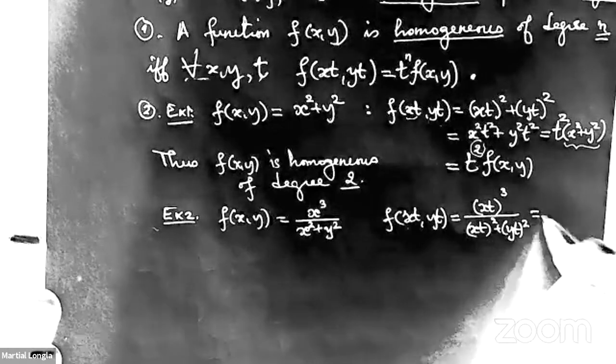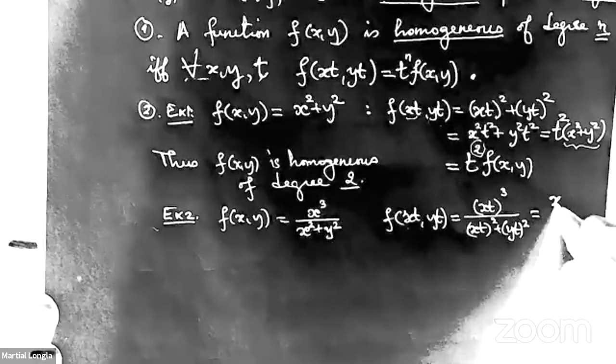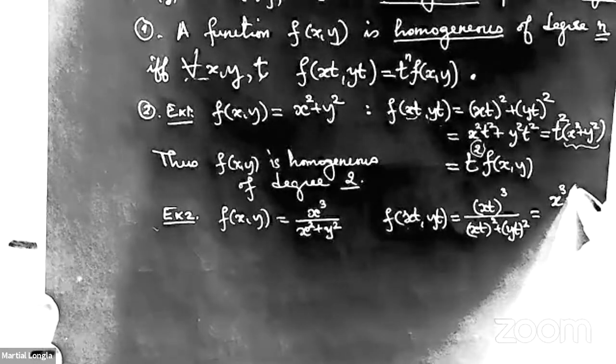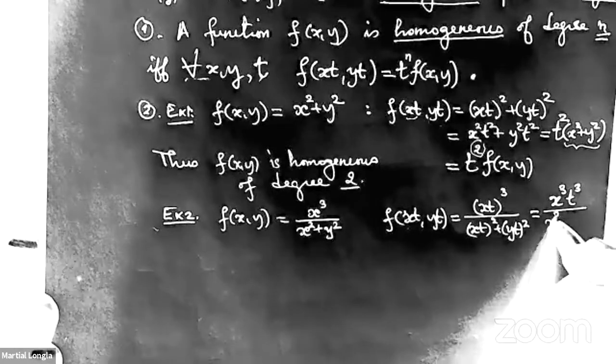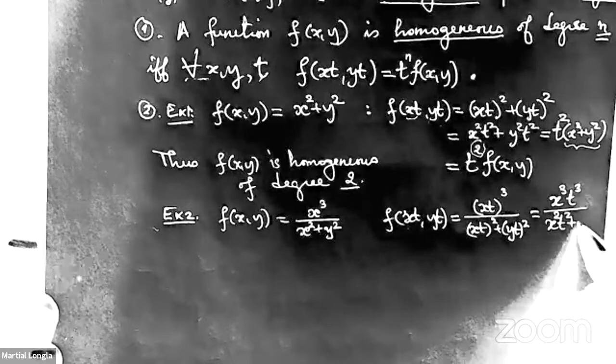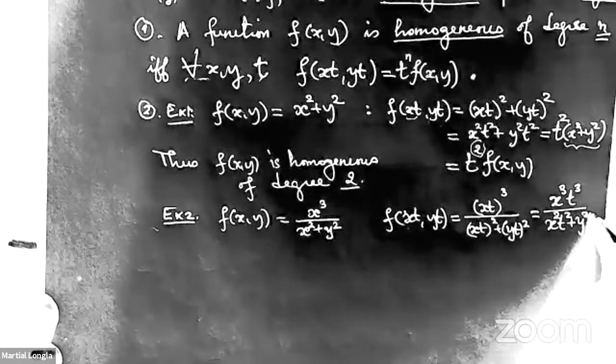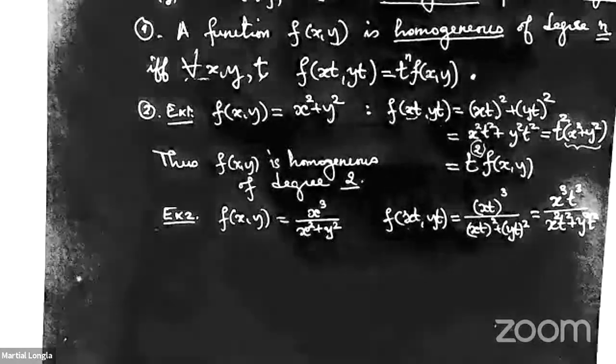When you do this, that gives you x³t³ / (x²t² + y²t²).